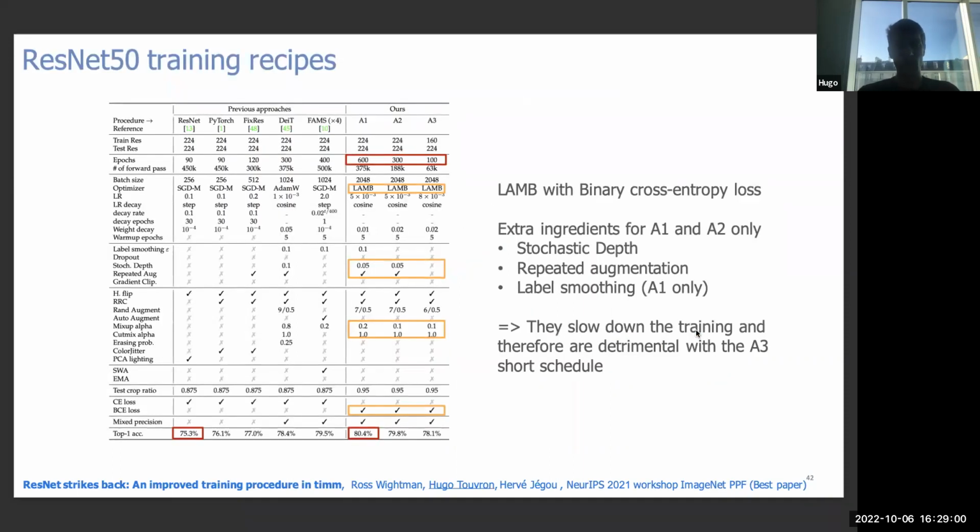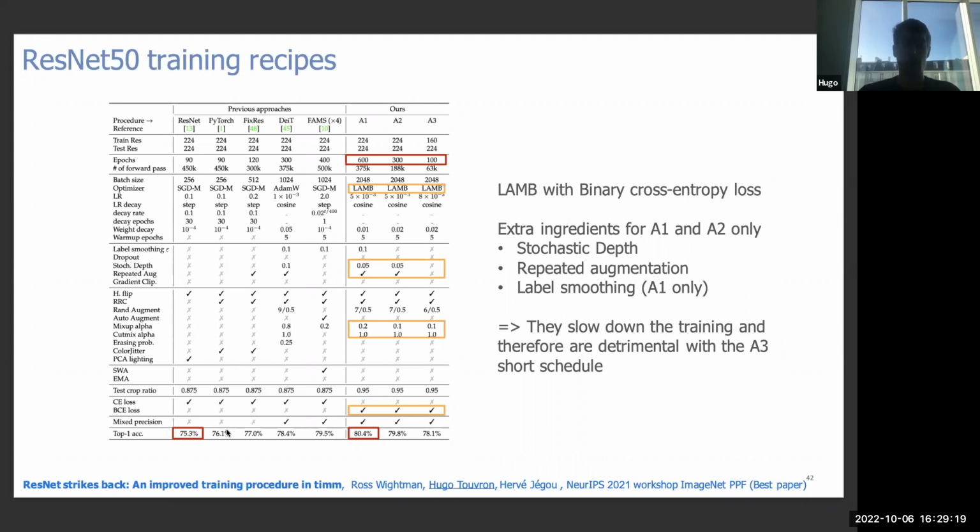If we look at the different training recipes for ResNet 50, there is the original one with 75.3. There is the PyTorch one, maybe the most reported in papers, with 76.1.